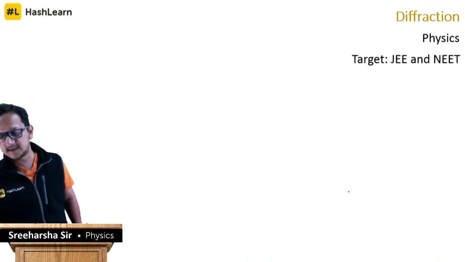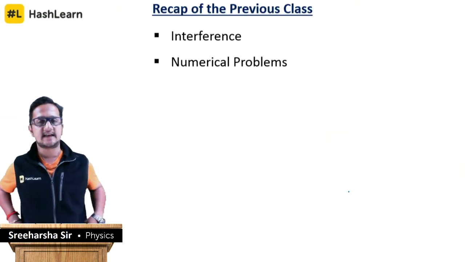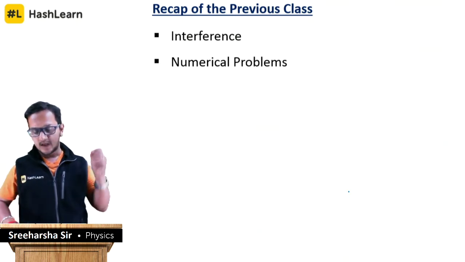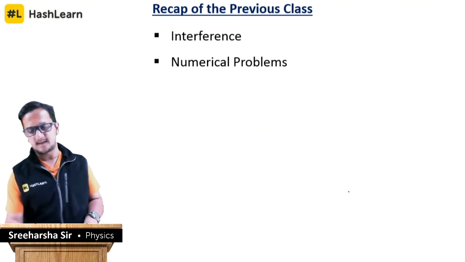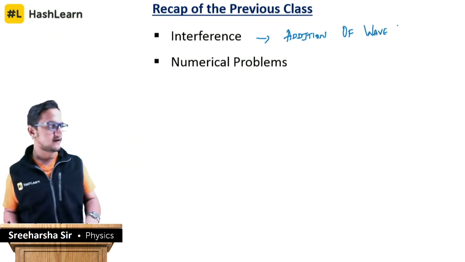Diffraction is today's concept, and as a regular drill we have the recap of the previous class. We dealt with interference. Interference, in simple language, is the addition of waves, using the concept of wavefront.